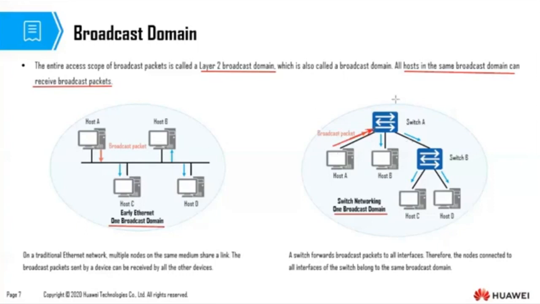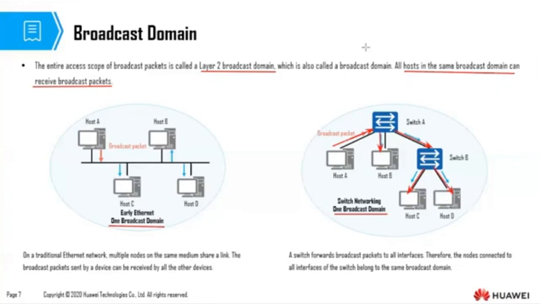Now, how does the switch treat a broadcast packet? It's simply going to flood it, send it out through all other interfaces other than the interface that received it. Any other switch will do the same. So everyone is going to get that particular packet.